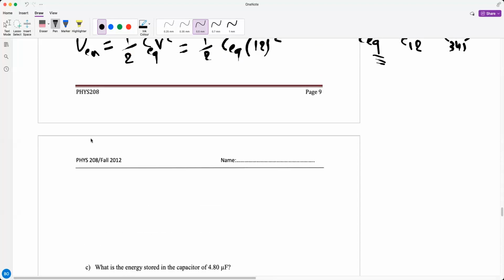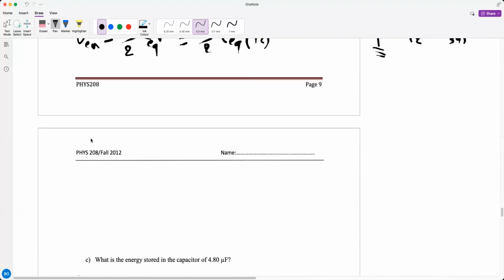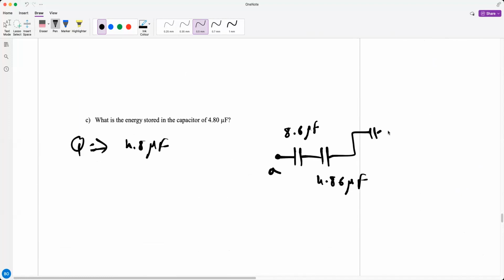Now, let's go to this circuit. Let me just explain something. I have this is A, this is 4.8, and this is, I think, 8.6 microfarad, and then this is B. Now, I want to calculate the energy stored in this capacitor.